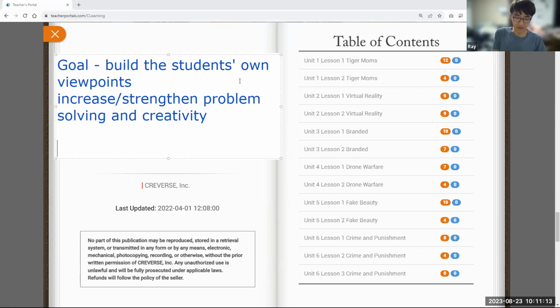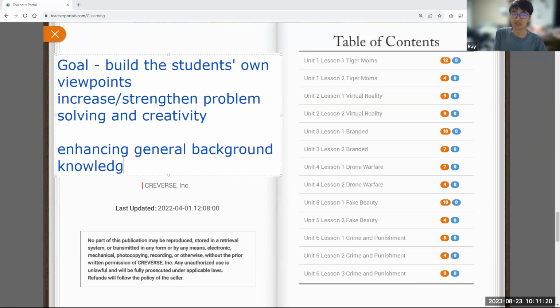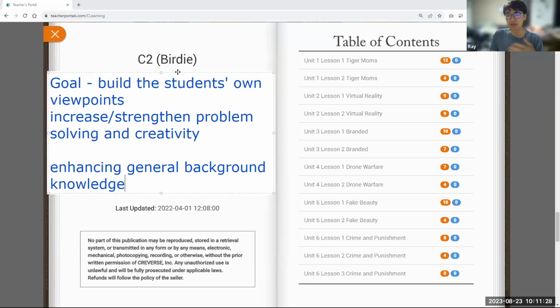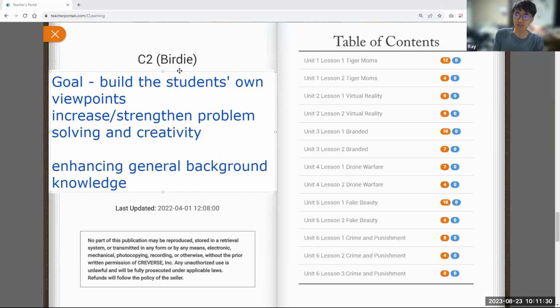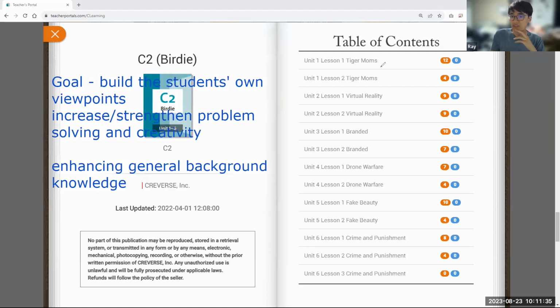And then there is also the idea of enhancing general background knowledge. A lot of these topics are ones they will have heard about. They might not know the name in English, but when you explain it to them, they'll say, ah, I know what this is in Korean. Tiger Moms is a big one that many students will know.